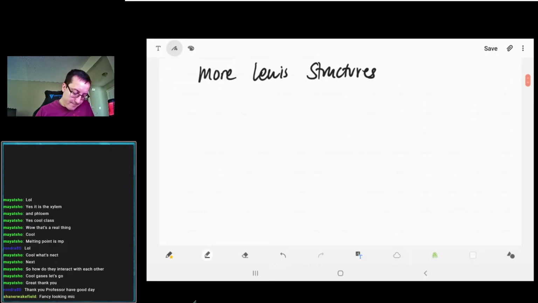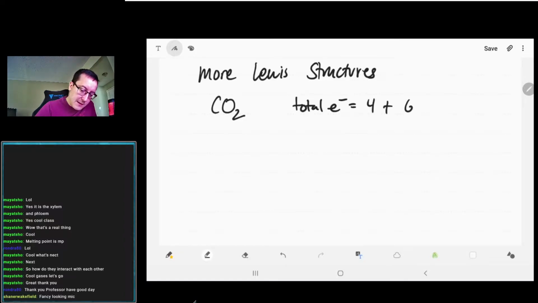So let's take a look. Let's do carbon dioxide, and we're going to do it with the second method I taught you guys. So we're going to do it by looking at the electrons. So we have 4 plus 6 plus 6, which equals 16.